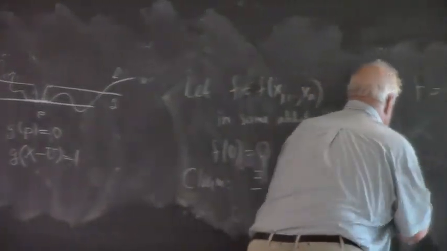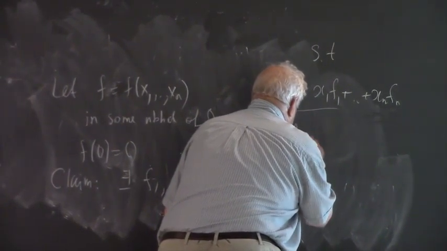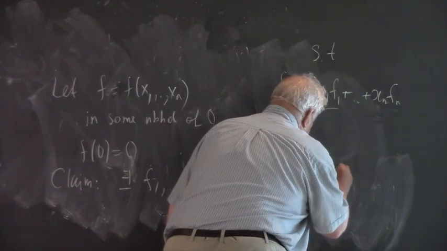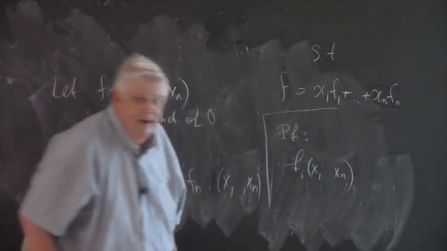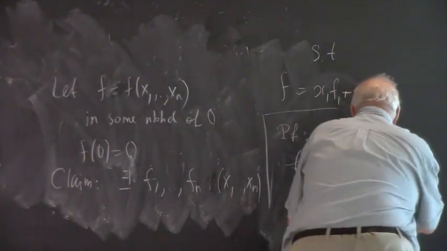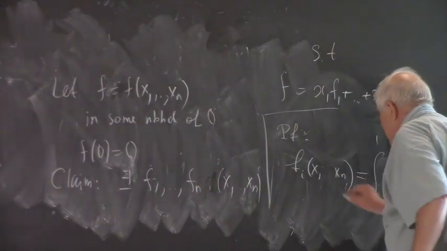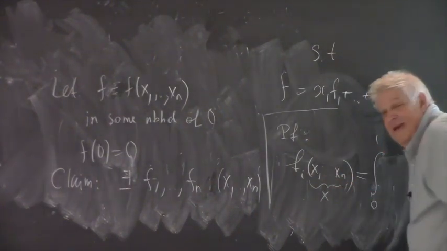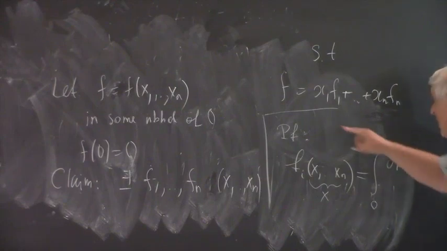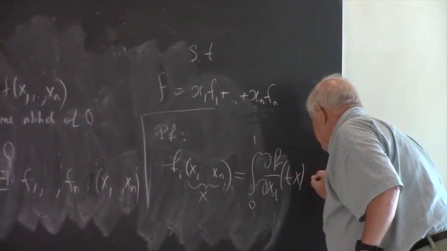Proof. I define fi(x) as the integral from 0 to 1 of the partial derivative of f over dxi at the point tx, dt.